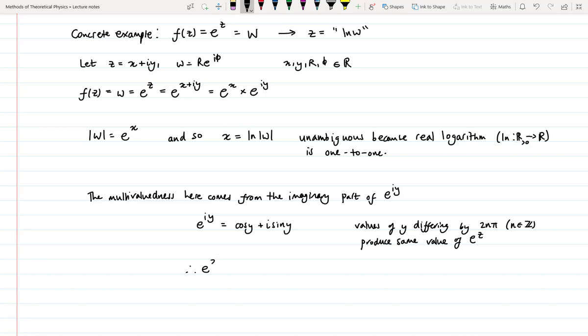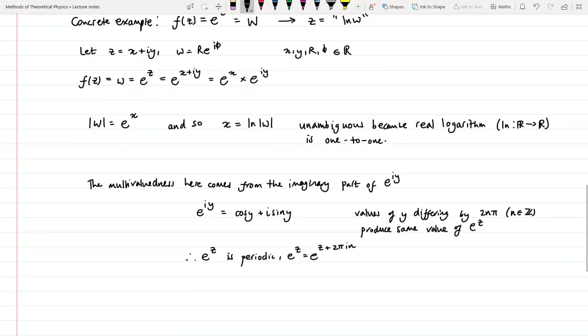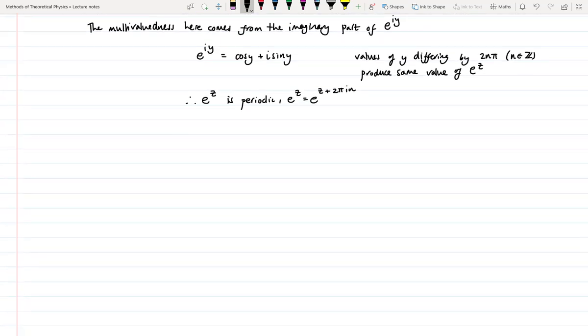Therefore, e to the z is periodic, and in particular it's periodic with period 2 pi i. So we can write e to the z is e to the z plus 2 pi i times n. We therefore see that multiple inputs to the complex exponential function give rise to the same output.